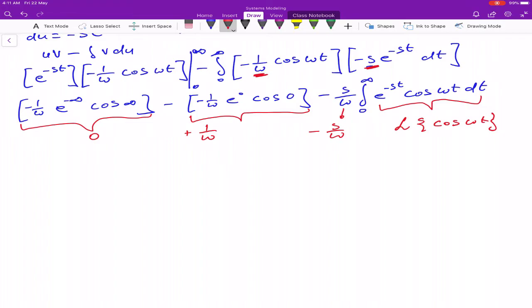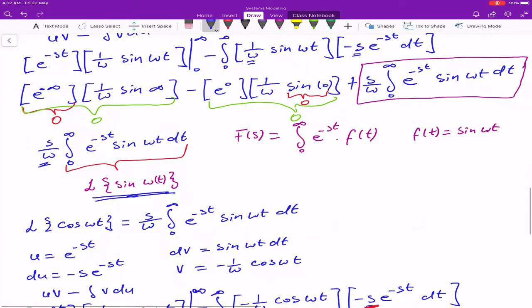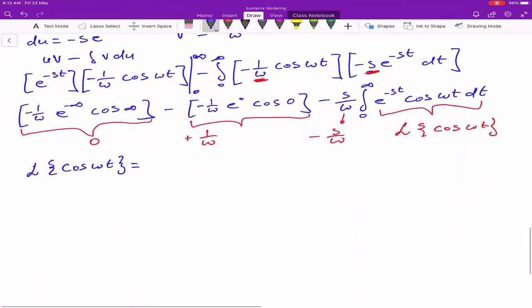Now we have something that is very interesting. So from the beginning, what we found is we want the Laplace transform of cosine omega t, which we found from the beginning. We found it here, this part here. I'm just going to rewrite it here.